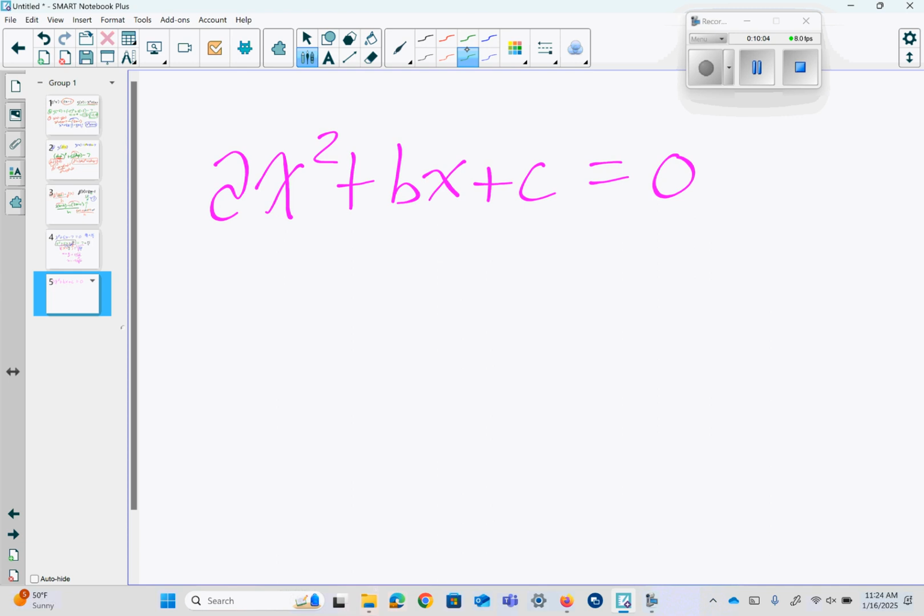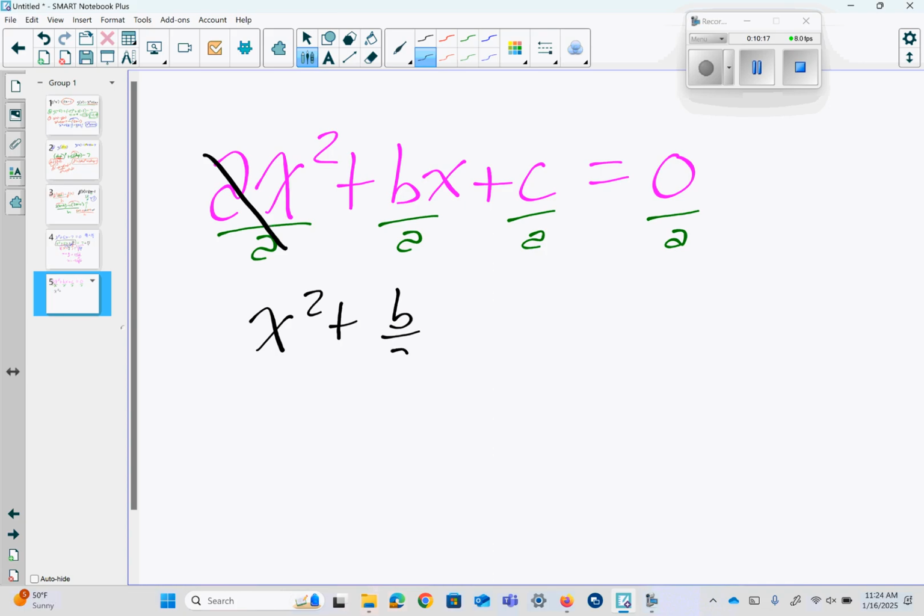Ax squared plus bx plus c is standard form of a quadratic. If I wanted to complete the square with this, you divide everything by a first because you want your lead coefficient to be 1. So you get to that. You want to start solving it for x.